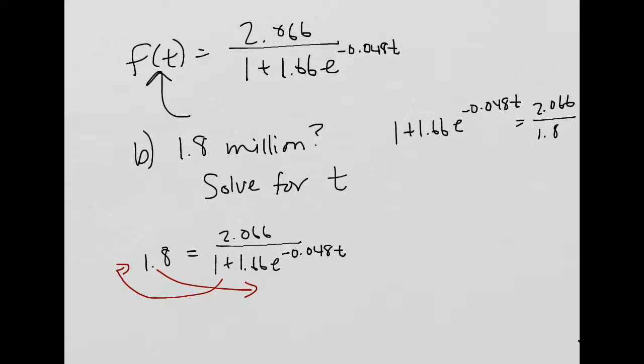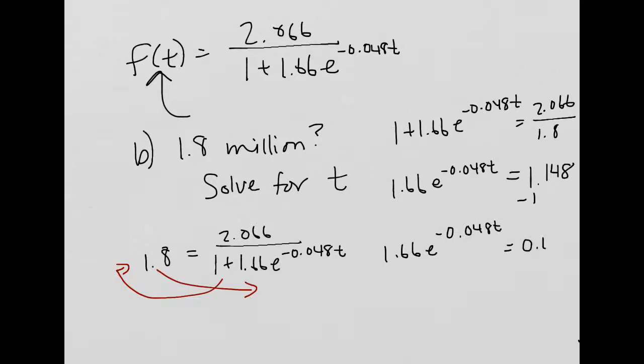Subtract 1 from both sides, so I get 1.66 e to the negative 0.048 t equals that value divided by 1.8. Let me get that value for you. 2.066 divided by 1.8 is equal to 1.148. I'm going to subtract 1, so 1.66 e to the negative 0.048 t is equal to 0.148.